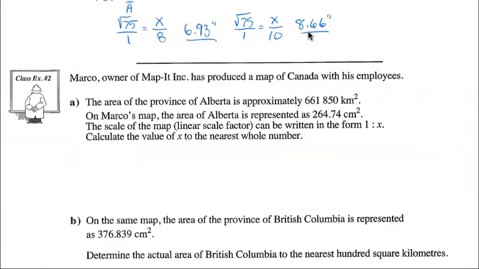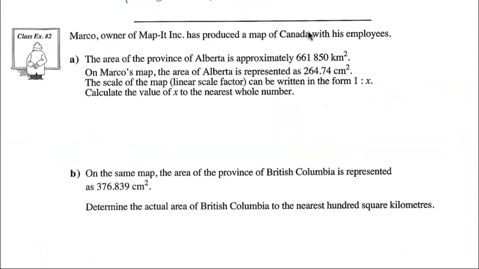Question 2. Marco, owner of Map It Incorporated, has produced a map of Canada with his employees. The area of the province of Alberta is approximately 661,850 kilometers squared. On Marco's map, the area of Alberta is represented as 264.74 centimeters squared. The scale of the map, linear scale factor, can be written in the form of 1 to x.